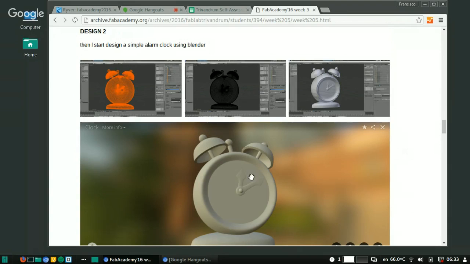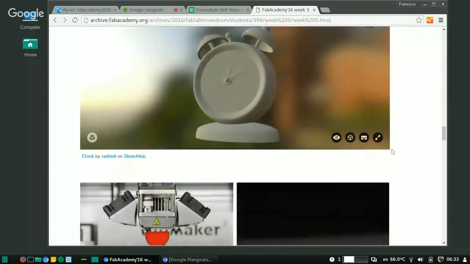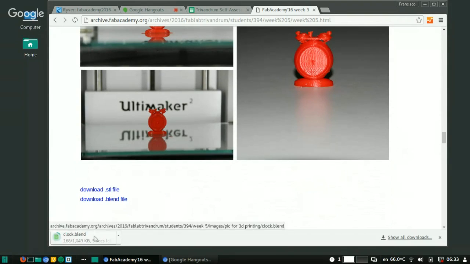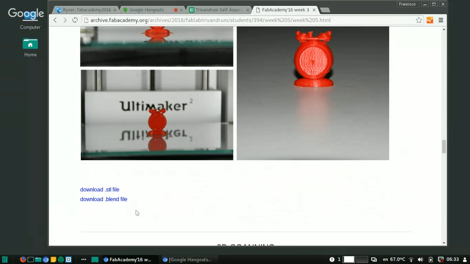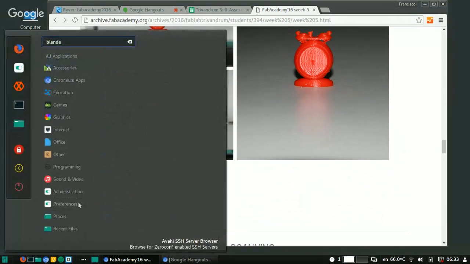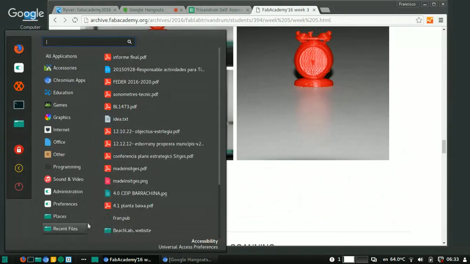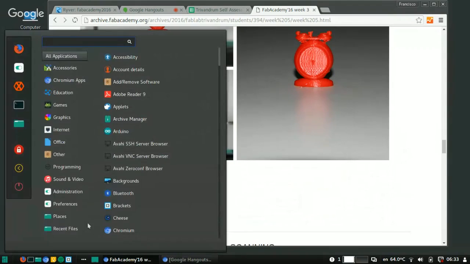But where is the blend file here? Do I have Blender anyway? No.